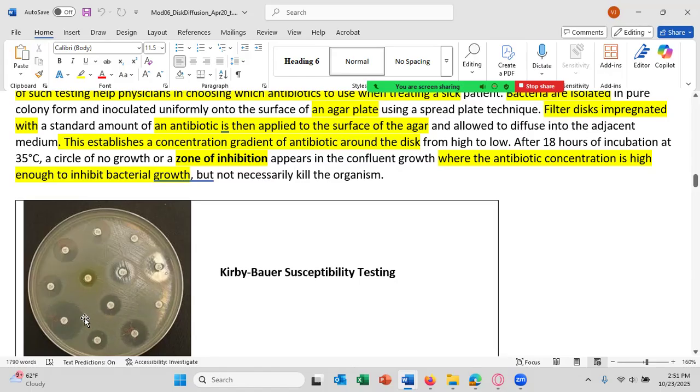But you cannot say that this bacteria is sensitive to that one and resistant to that one, because we have to then look at the size of the antibiotic, meaning its molecular weight, and then take that into consideration as well as other factors that can affect the size of the zone of inhibition. Any questions about any of that?